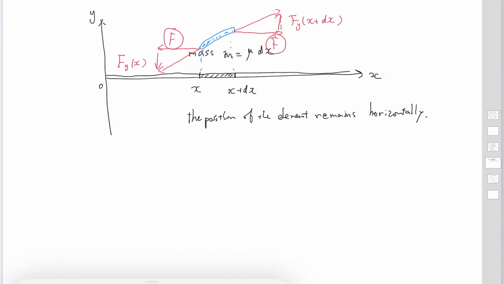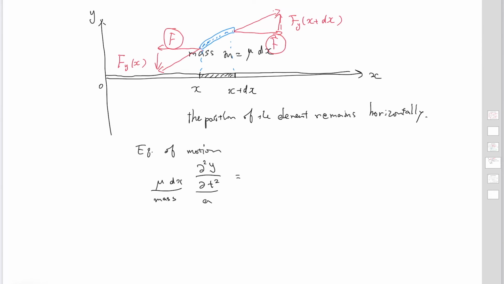Then we would like to write an equation of motion. The mass is expressed as mu dx. This is mass times acceleration.